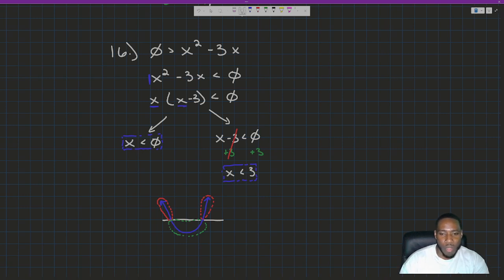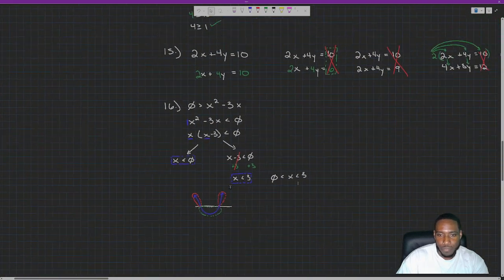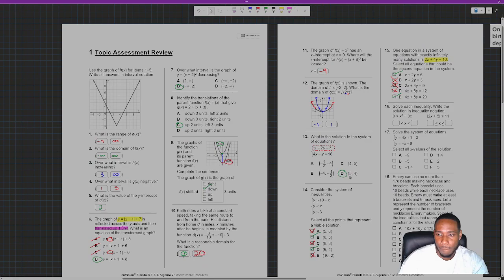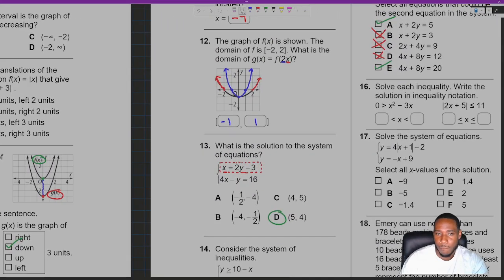For this inequality, the solutions are going to be anywhere from 0 to 3. All right, anywhere in between is where this graph is going to be less than 0. Let's go ahead and write it. So anywhere from 0 to 3.